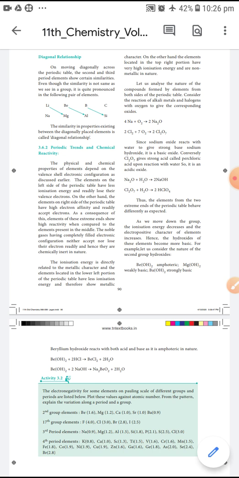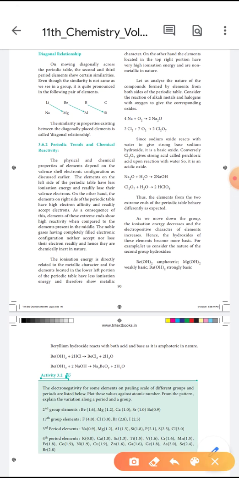Okay, so let us analyze the nature of compounds formed by elements from both sides of the periodic table. Consider the reaction of alkali metals and halogens with oxygen to give the corresponding oxides. For example, sodium reacted with oxygen gives the corresponding oxide, sodium oxide. Cl2 plus O2 gives Cl2O7, the corresponding oxide. Sodium oxide reacts with water to give a base, sodium hydroxide.